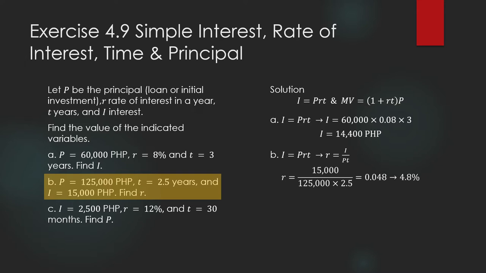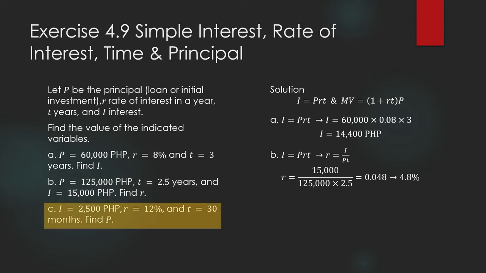So the rate is equal to 0.048. In percent, that is equal to 4.8%. So to convert a decimal number to its percent form, we move the decimal point 2 places to the right. Okay? And so that becomes 4.8%.